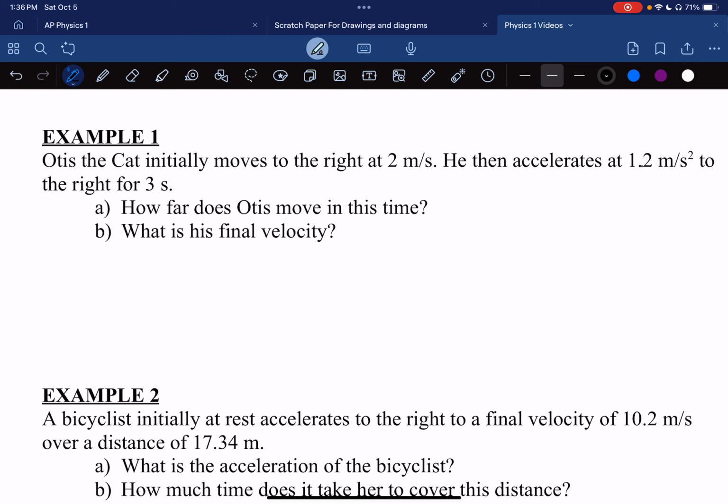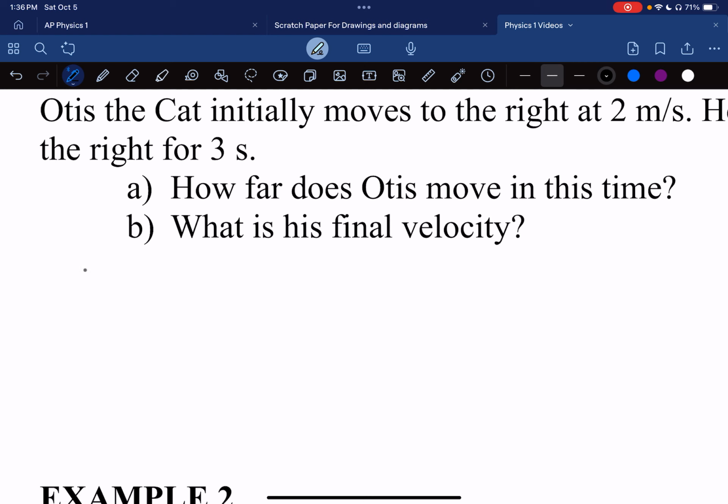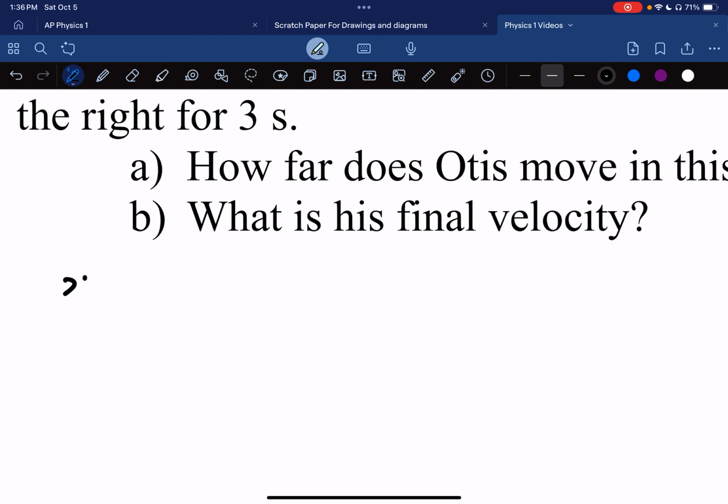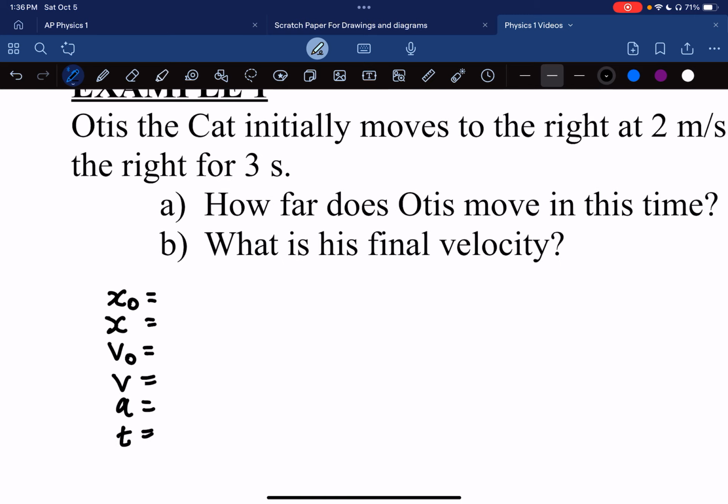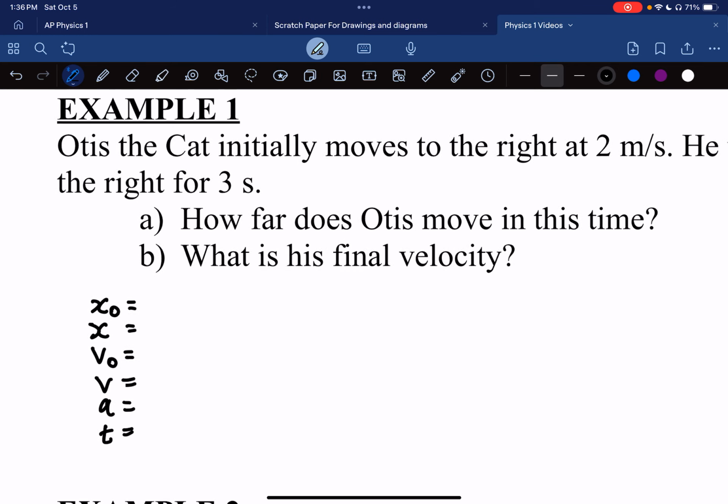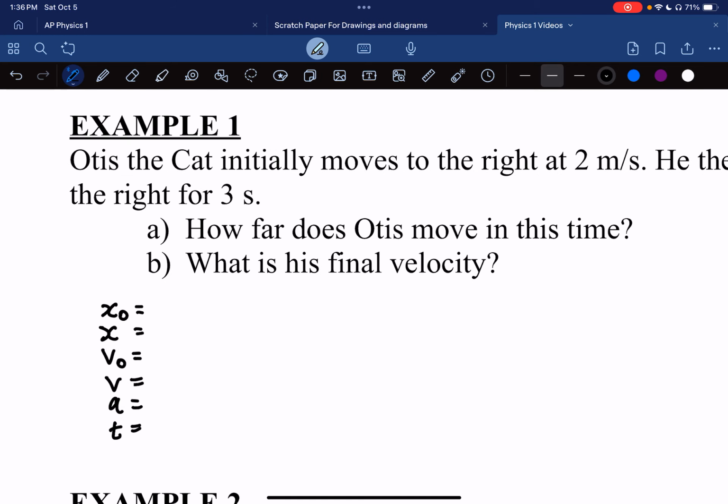He then accelerates at 1.2 meters per second squared to the right for 3 seconds. Okay. First thing we should do is, I'm going to write this really small because I have very little space here. Let's make a list of the variables. And feel free to pause at any time if I'm going too fast.